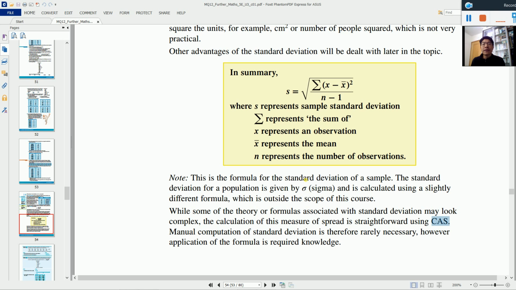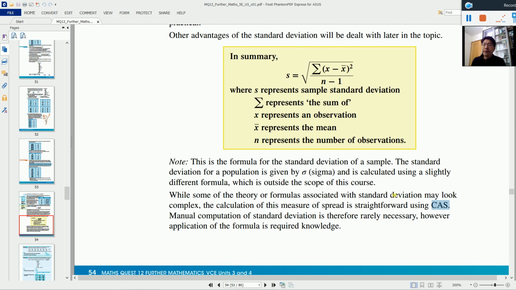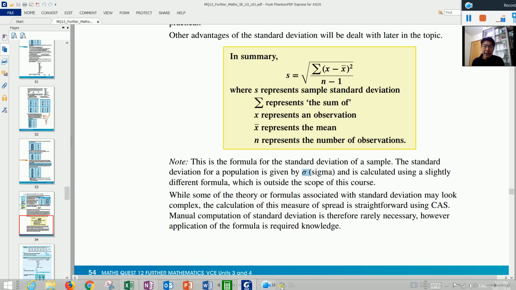So as in Excel, if you want to find the standard deviation for the data that you have, one button is enough. And sometimes for populations, they don't write SD or S, they use this symbol, a sigma. A sigma is another way to write standard deviation.